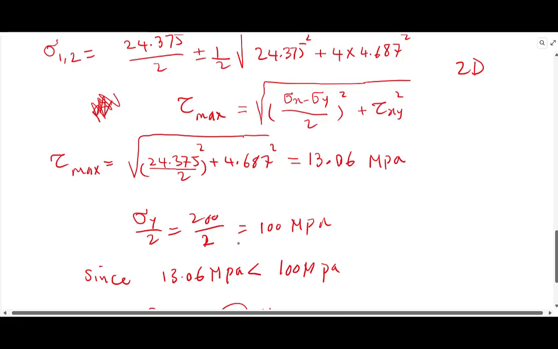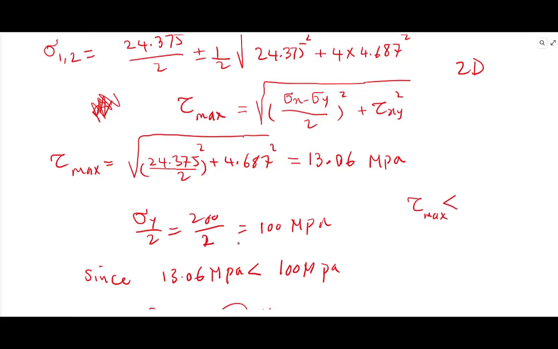The principle of failure by maximum shear is that wherever the maximum shear is smaller than the yield stress divided by 2, that is safe. If you get this one equal, that's a failure point. So here we check.